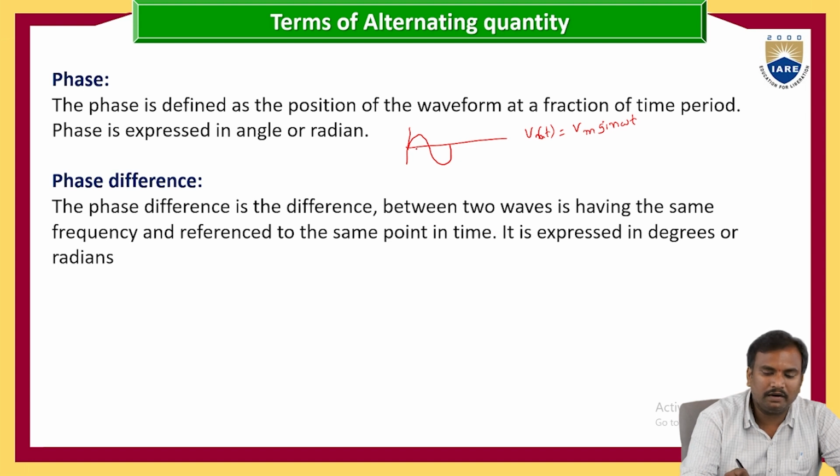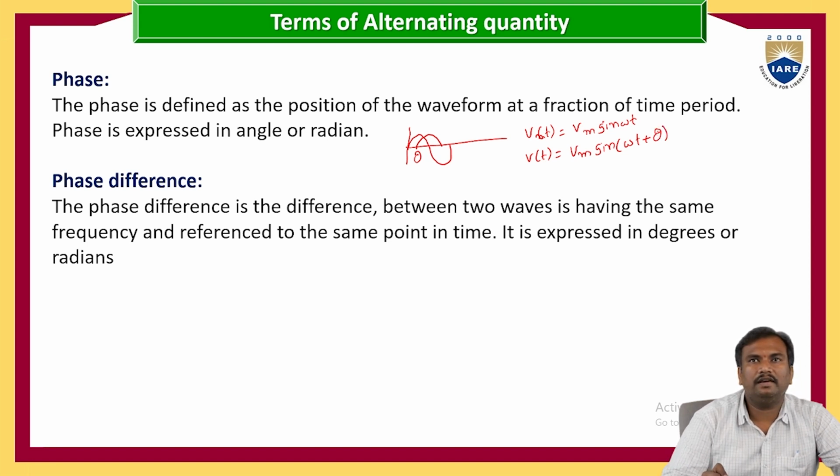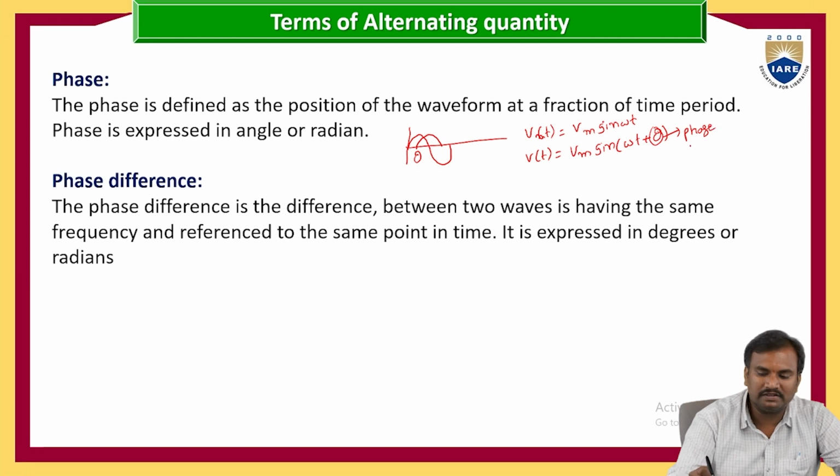If it is started after some theta degrees, the function can be written as v of t is equal to Vm sine omega t plus theta, and this theta is nothing but the phase or phase angle.